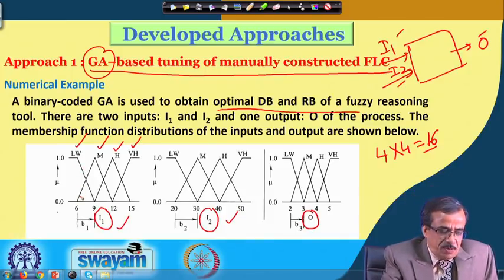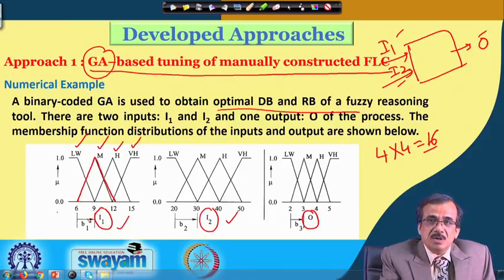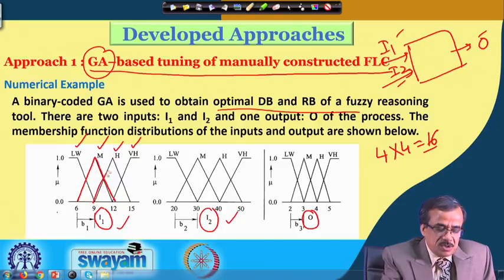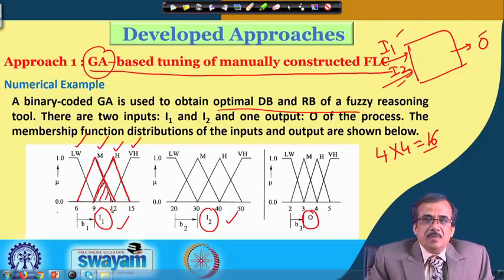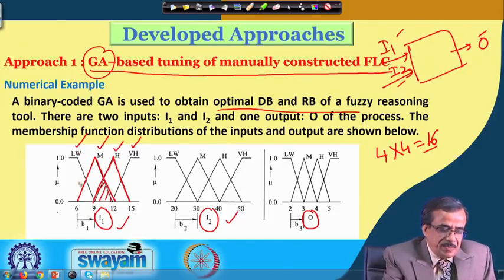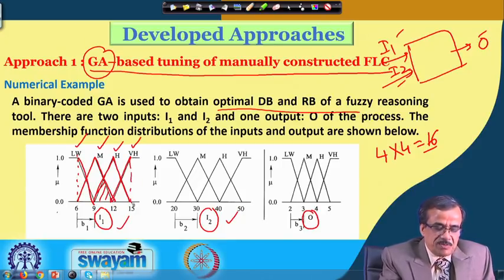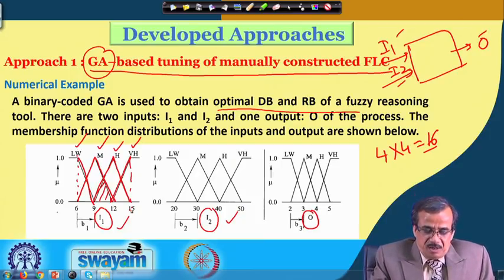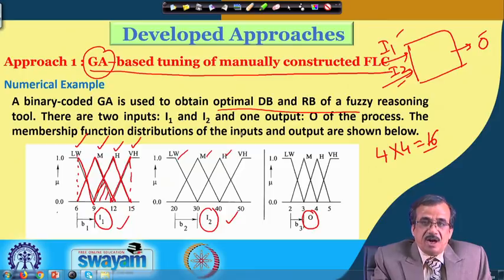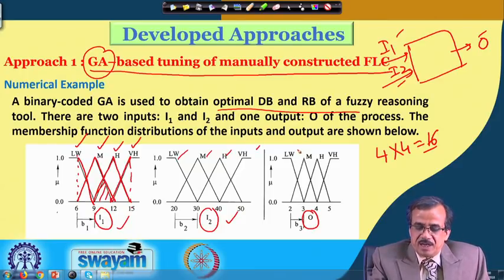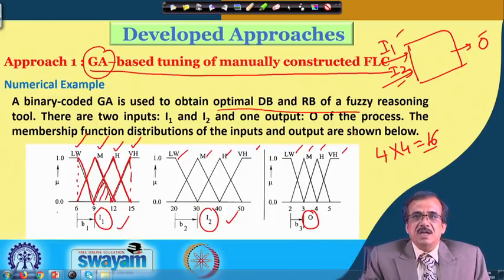As I told, for simplicity we have considered that the membership function distribution is triangular. For medium and high, we have considered an isosceles triangle, and there is an overlapping region also, and for low and medium, in fact, we are going to consider some sort of right angle triangle, and similarly for I2 and O. So, we have the membership function distribution for low, medium, high and very high, and here once again low, medium, high and very high.